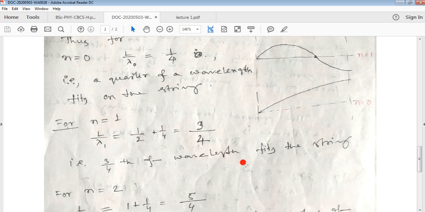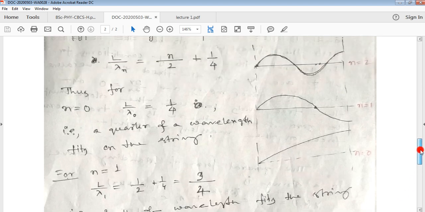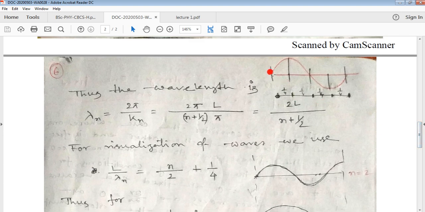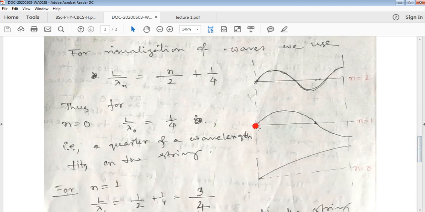That is, we can accommodate 3/4 of the total wavelength in the entire length of the string. So 3/4 means, you see, this is first quarter, second quarter, and third quarter. So we will have this portion, and this is the pattern of the standing wave for n equal to 1.